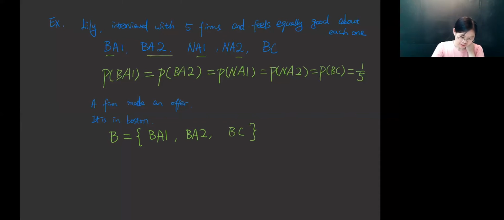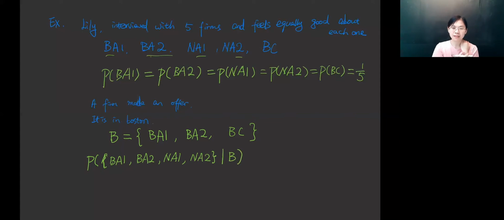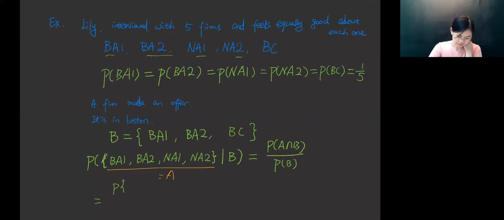Now, what is the probability that the firm is an accounting firm, given the information that her roommate just released to her? Let's say this set is A. We now use the conditional probability formula. That's the probability of A and B over P of B. The set A and B would be the two Boston accounting firms.